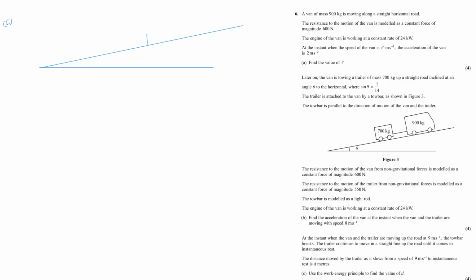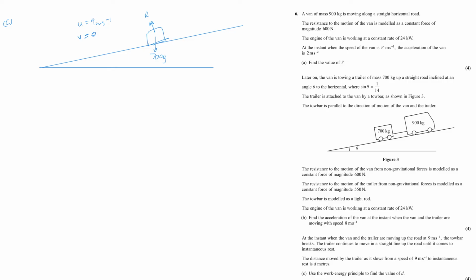Now part C, we've got the trailer and it's now moving on its own because of the snap. It was moving at U equals 9 meters per second, V equals 0. It's going to eventually come to rest, and we've got to use the work energy principle to find the value of D, the distance travelled.